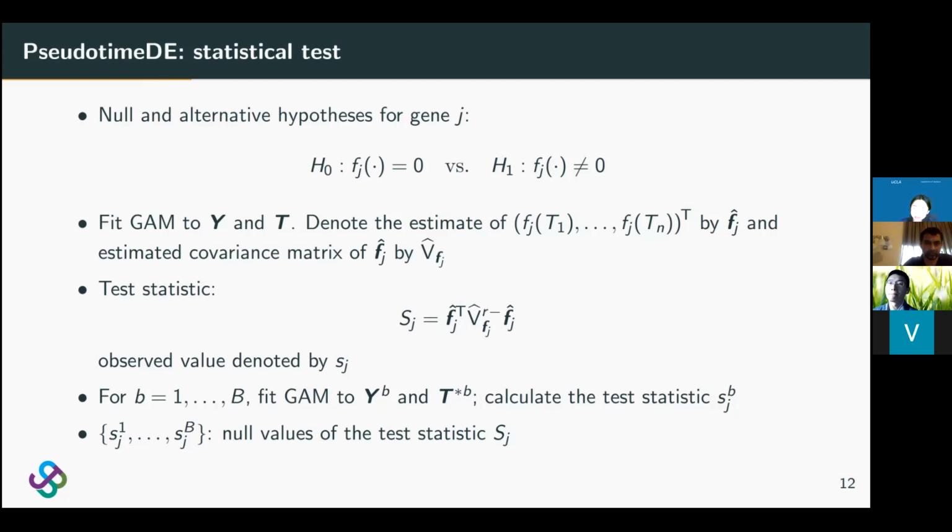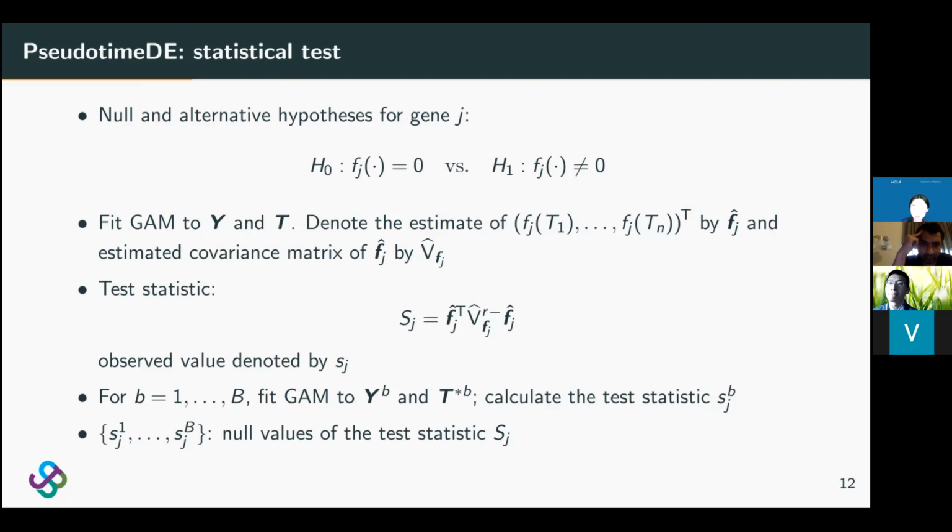In the GAM theory, there is a derivation for the asymptotic distribution of this test statistic, which is a chi-square distribution or a mixture of chi-square distributions. Its degree of freedom depends on the complexity of the fj, the number of knots. The Tracy paper also uses GAM, and they use the asymptotic distribution to calculate the p-value. But as we'll see very soon, there is some issue with their p-values.